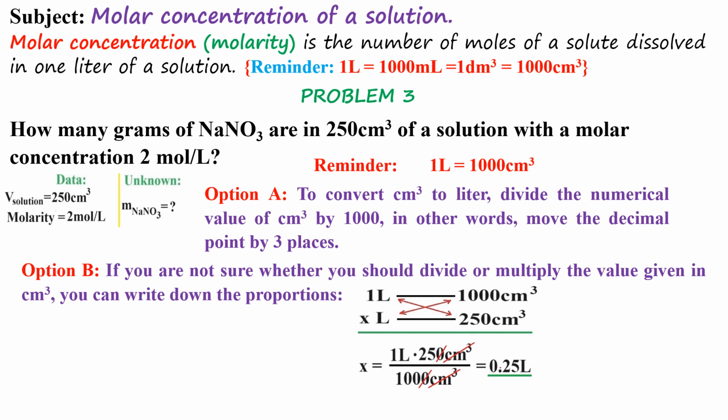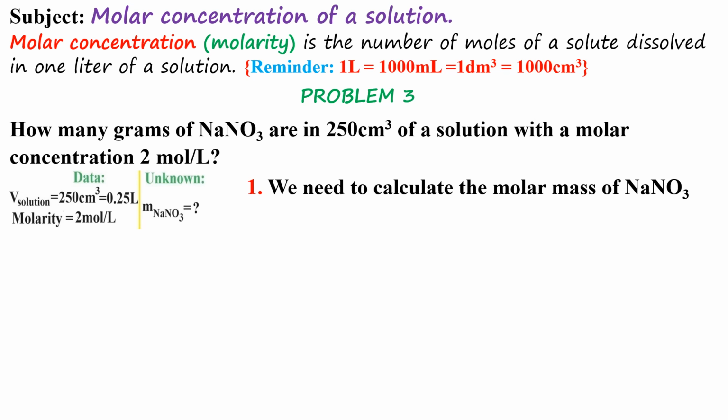You can see that the cubic centimeters cancel out here, and we get the result in liters. So x equals 0.25 liters. Okay, let's get back to the problem.